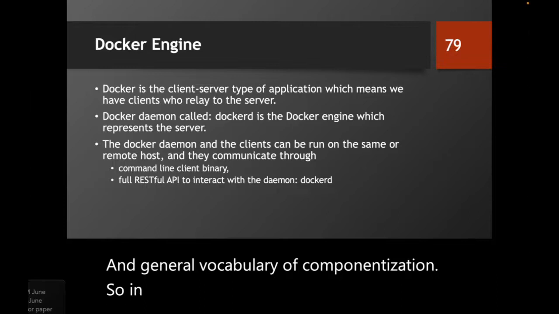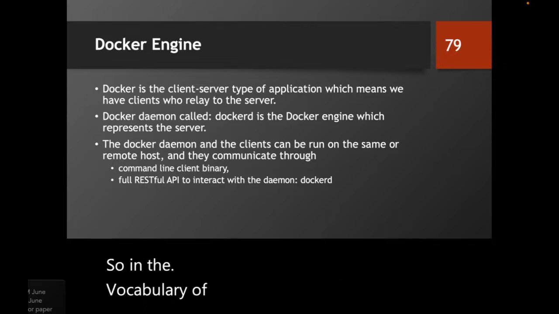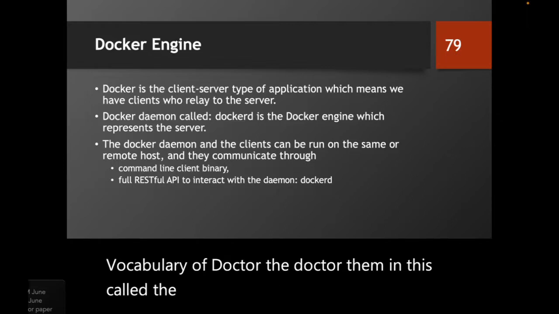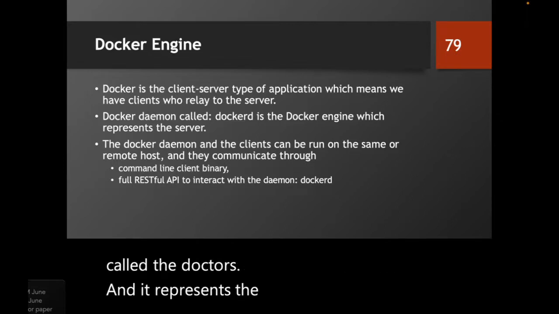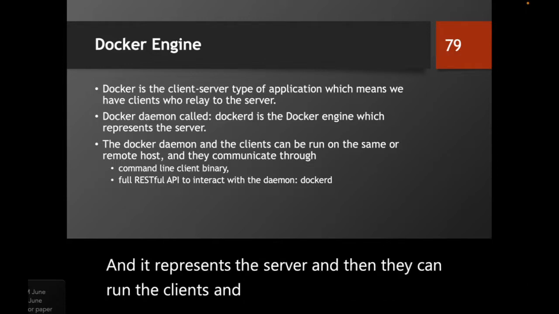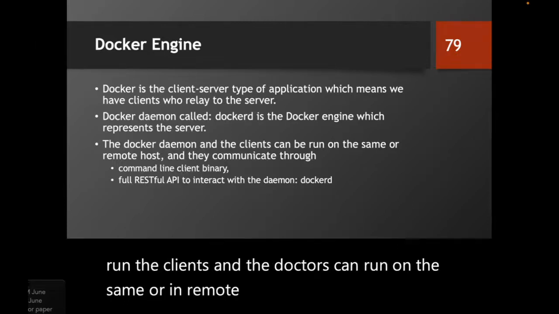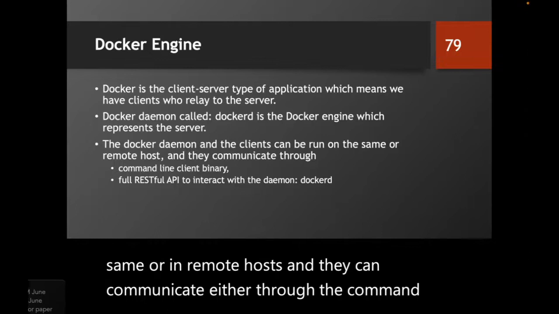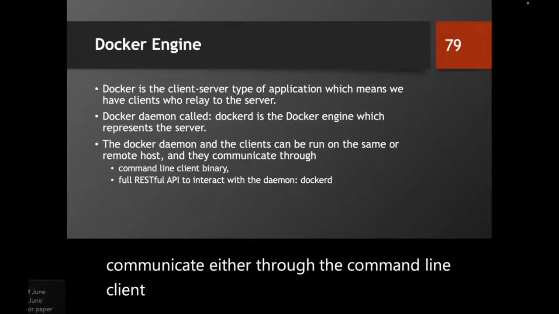In the vocabulary of Docker, the Docker daemon is called the Docker server, and it represents the server. The clients and the Docker server can run on the same or on remote hosts, and they can communicate either through the command line client binary or through RESTful APIs.